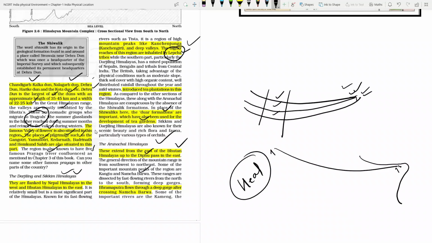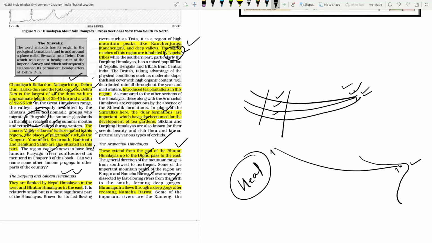This extension, this area, is also called the deep gorge. From there the Brahmaputra enters India's territory, and it flows from a very deep, very steep slope. A fast flowing river is here at this place, and as it is flowing from the gorge, once its mouth is open, it is carrying a very large amount of water.